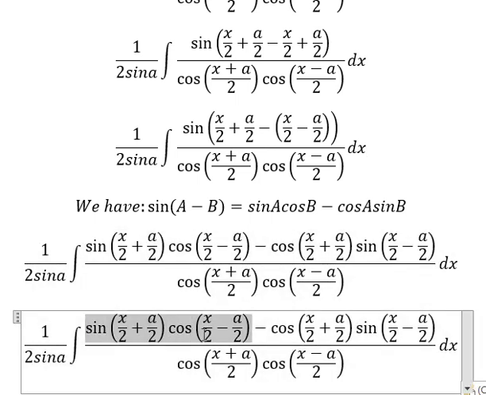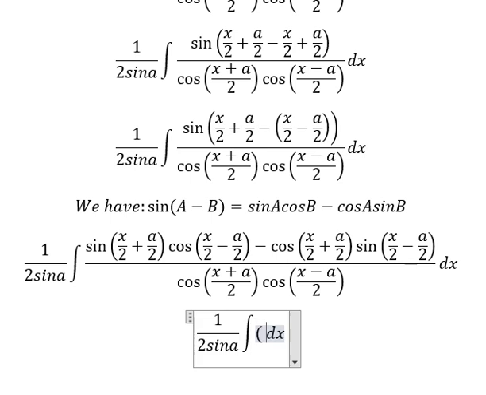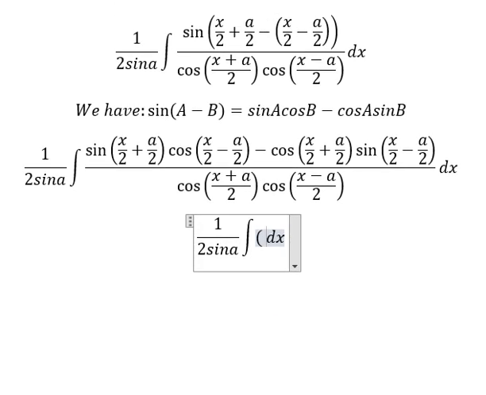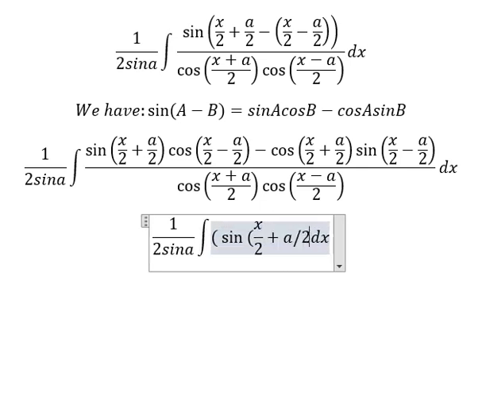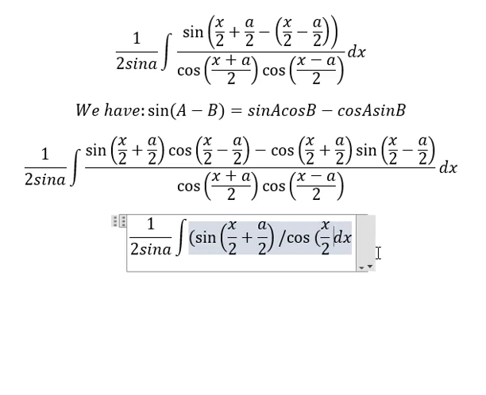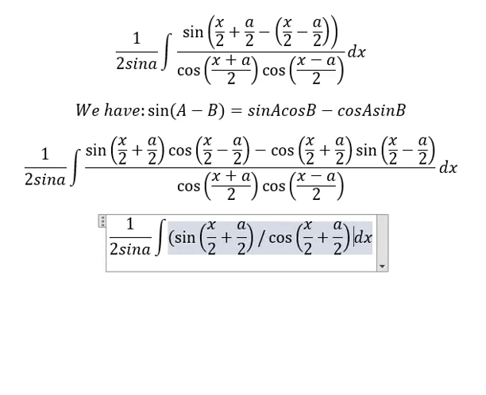So this one divide by this one and this one divide by this one. So we have like this. We have sine of s over 2 plus a over 2 over cosine of s over 2 plus a over 2.